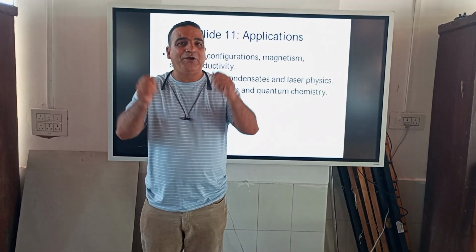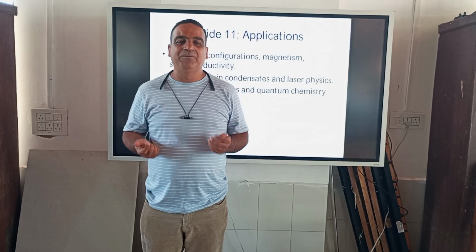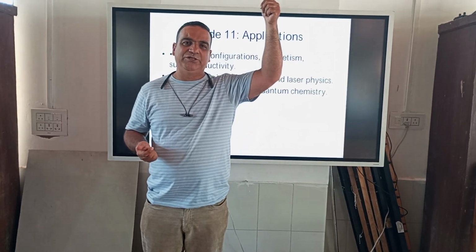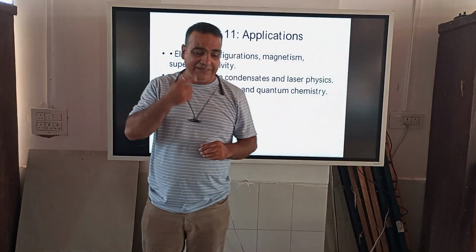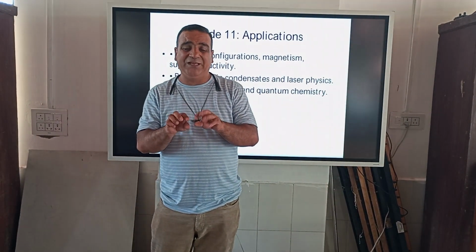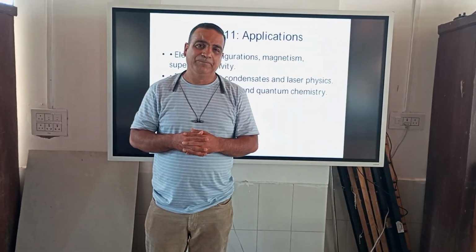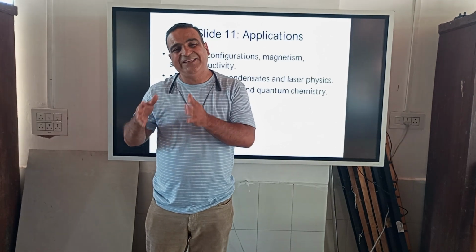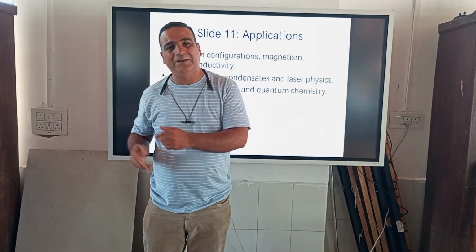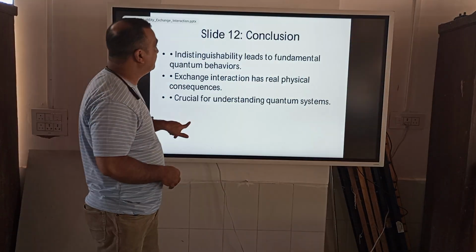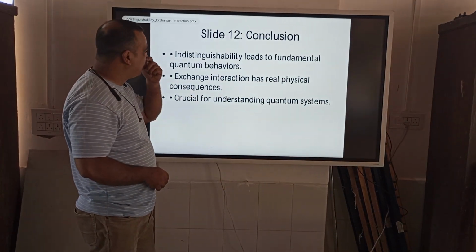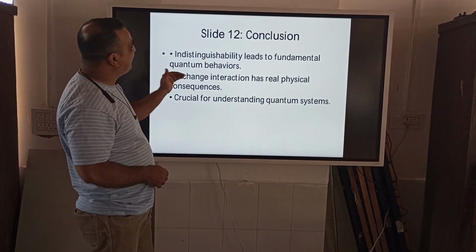If you don't have trajectories, you cannot distinguish which particle has reached position C and which particle has reached position D. I think this is the basic plausible explanation of the indistinguishability of quantum mechanical particles and the distinguishability of classical particles.